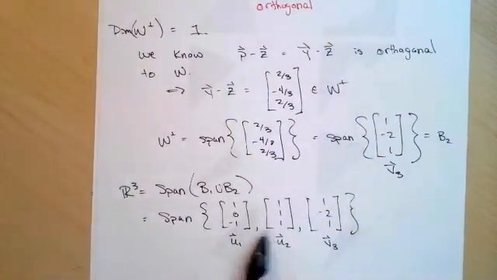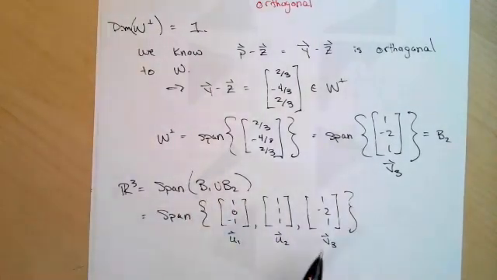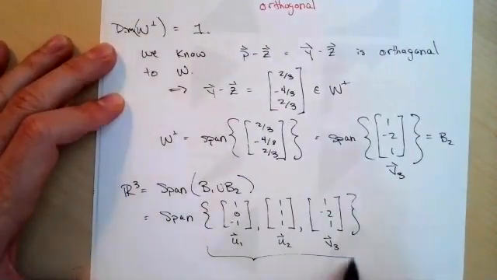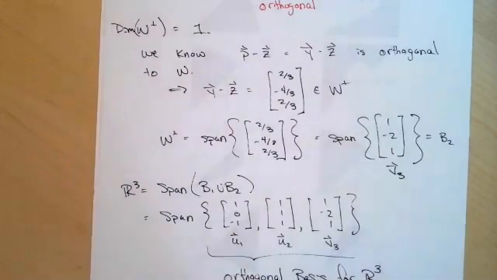Since U1 and U2 were an orthogonal set, and this third one was mutually orthogonal to those two, the entire set is an orthogonal basis for R3.